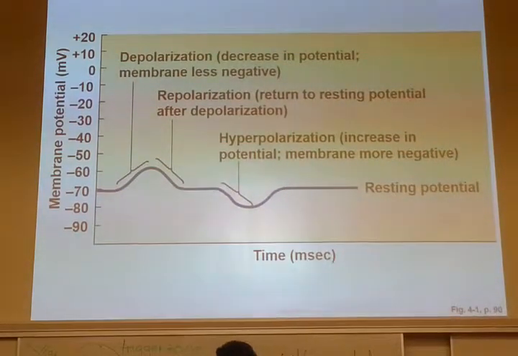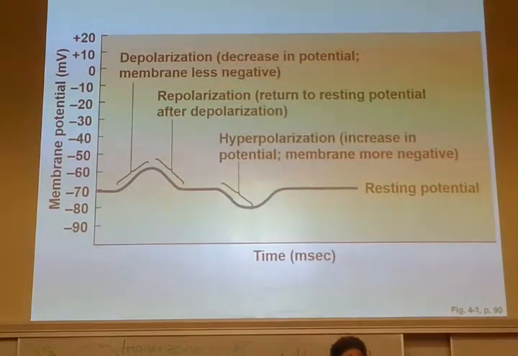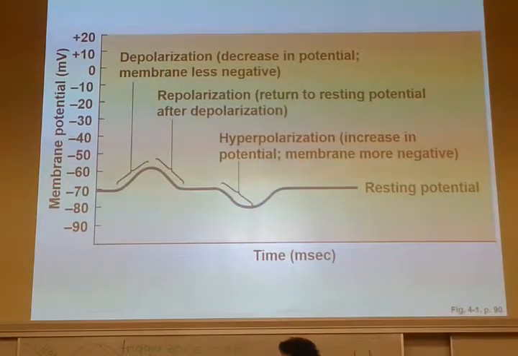The sodium that comes in at the next part of the axon will open voltage-gated sodium channels downstream, and you get sodium coming in again. Diffusion upstream. Now you're running backwards to where there are voltage-gated sodium channels, not ligand-gated channels.